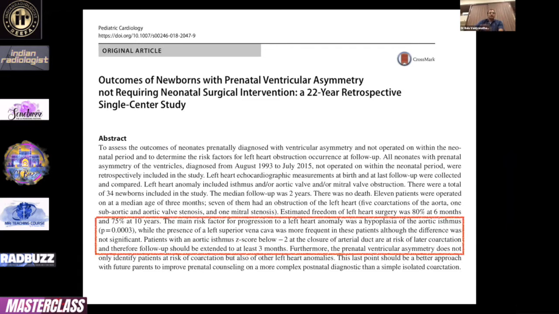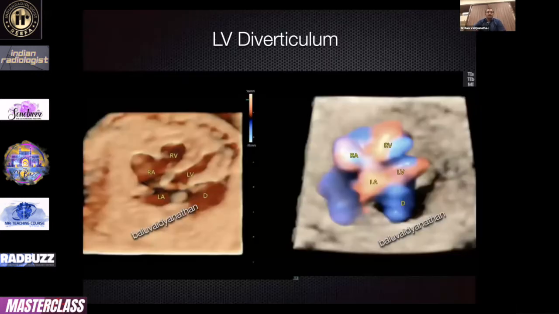But what they have reported in this study is that on follow-up, a few patients may in fact develop lesions like coarctation, mitral stenosis, etc. So what is recommended is whenever there is a prenatal ventricular asymmetry, we should advise a postnatal echo in the newborn period and also follow up this patient. I usually follow them up for at least about a year. And if the first year echo is normal, then you can tell them all is well and you can go back home. Now, we'll wind up with a couple of quick cases.